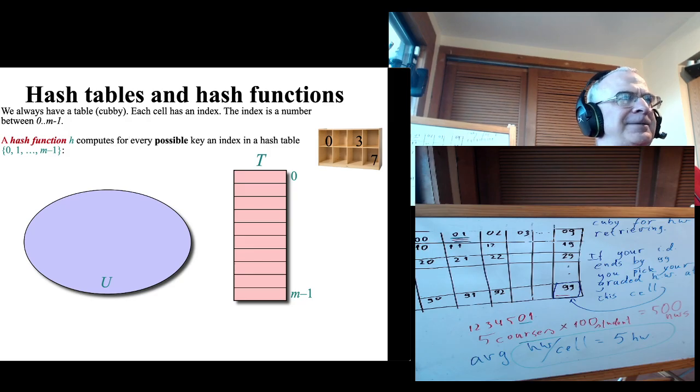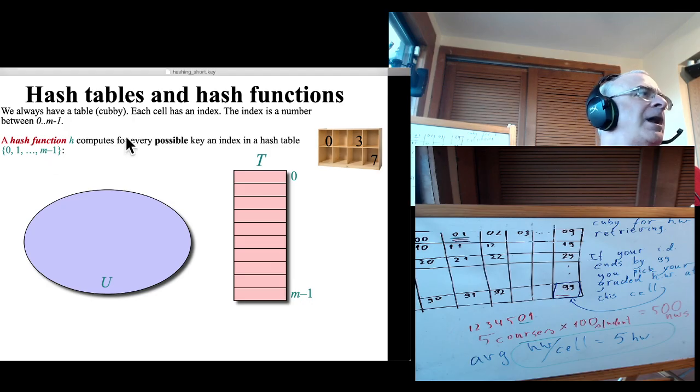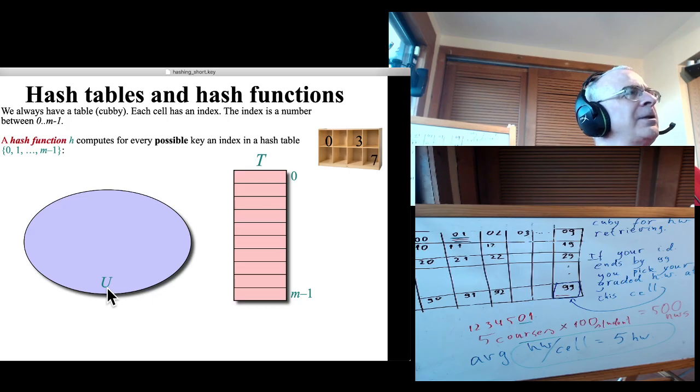So the little fuzzy feelings that you have that you understand everything will soon go away, because I'll kill them with enough notation and formalization. I'm joking, it's not that bad, but there are a few notations that we have to go through. There is a universe, and the universe will contain every possible student ID that might appear.